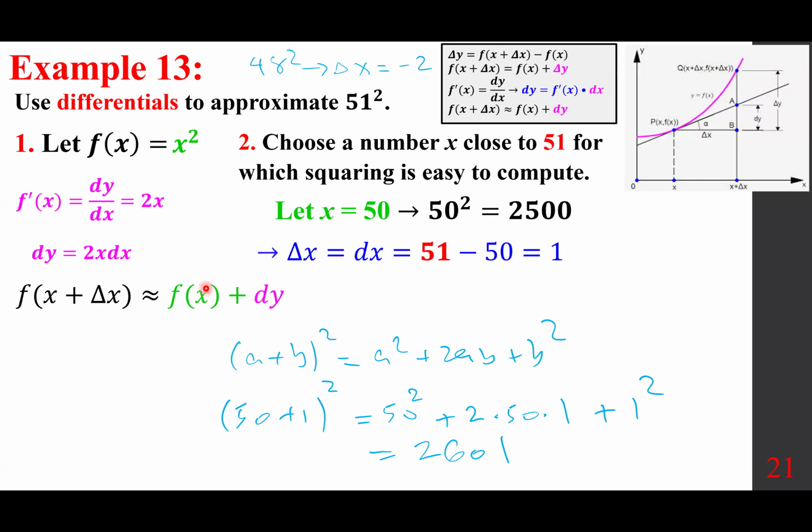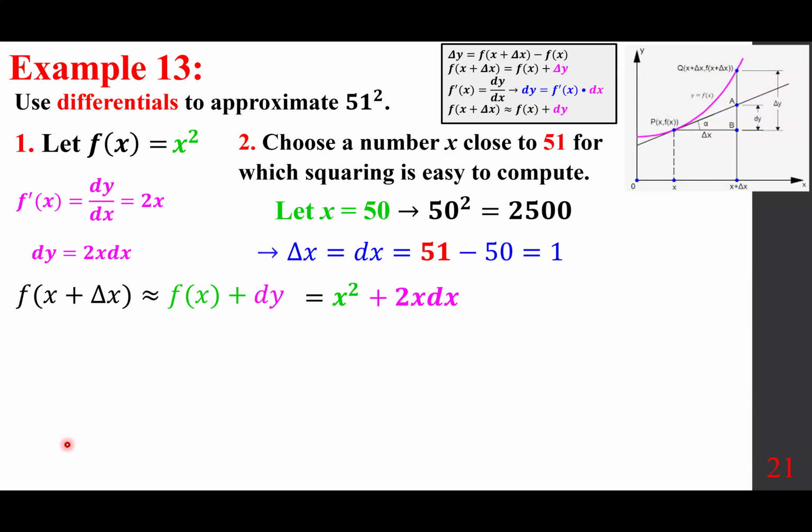Which means now we have x squared plus 2x dx. And let me erase my work. And so if you want 51 squared, okay, so those are where they come from.